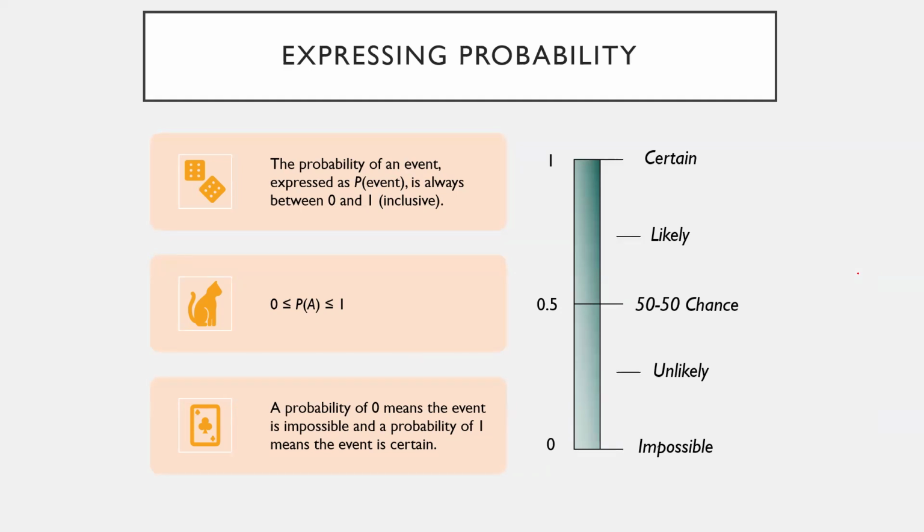It has sides 1, 2, 3, 4, 5, 6. At no point does it have heads. I'm not getting heads rolling a six-sided dice. So that has a probability of 0. It means it's impossible. By the same token, if I'm flipping a two-headed coin, the probability I'm going to get heads is certain. So that has a 1.